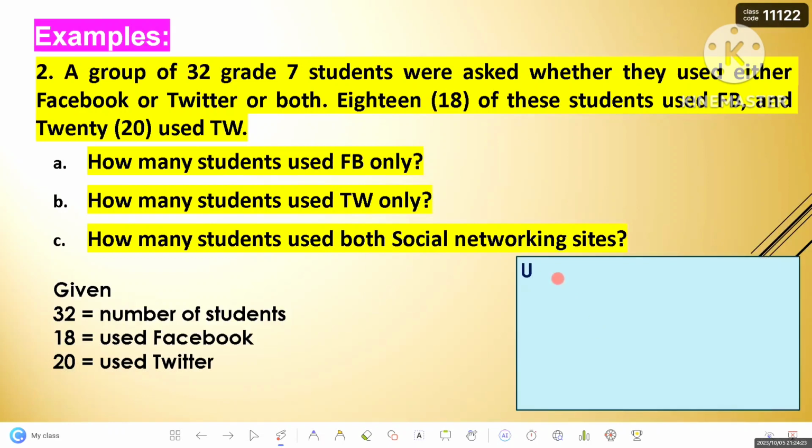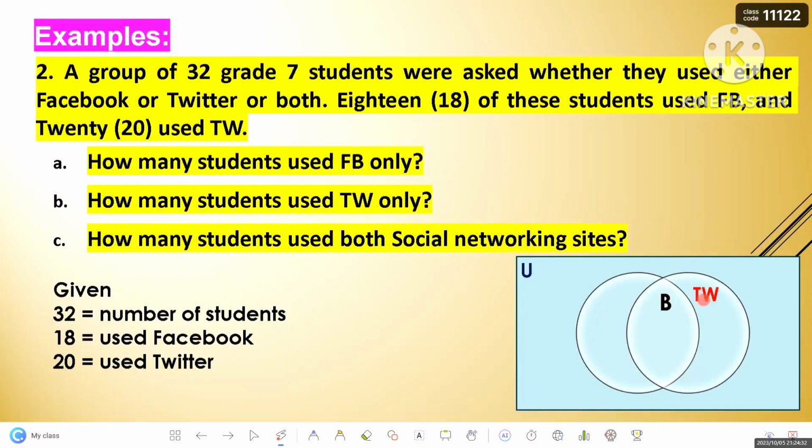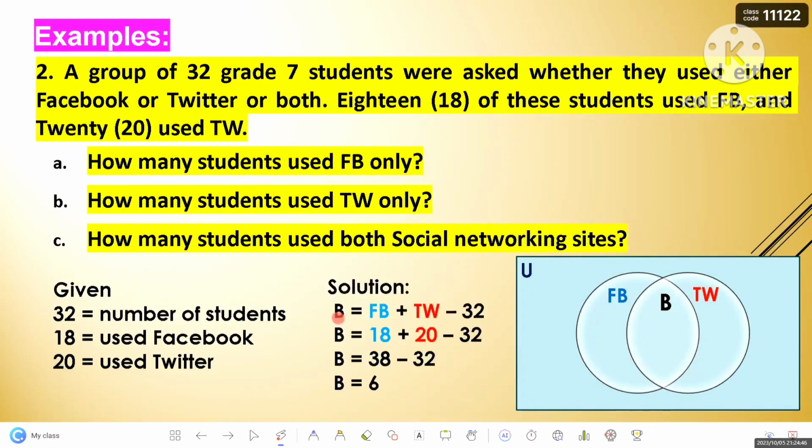Using the Venn diagram, universal set, we have two circles: Twitter and FB. Itong middle na ito is our intersection. Denote this as B, meaning both FB and Twitter. So the solution: B is equal to FB plus Twitter minus 32.